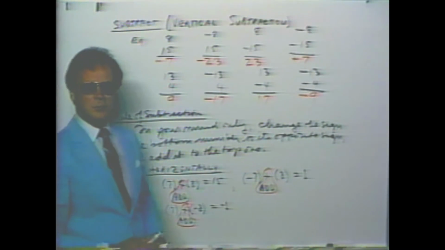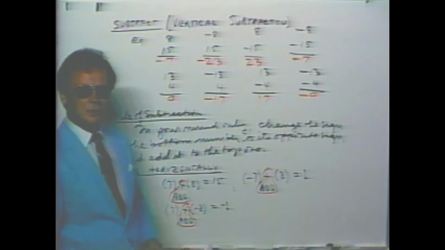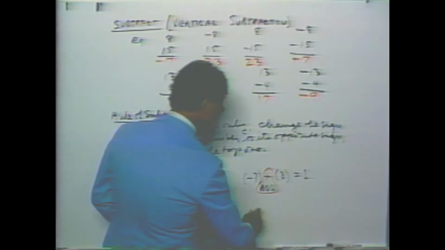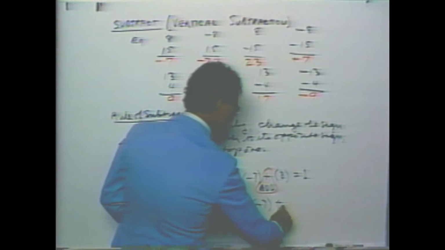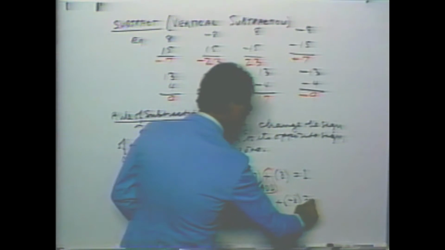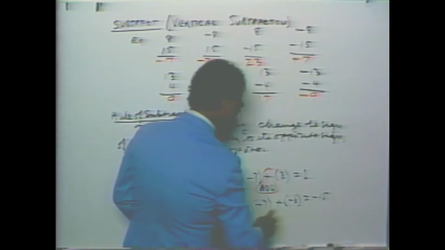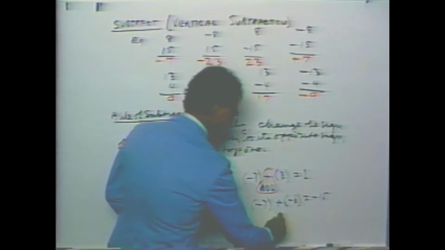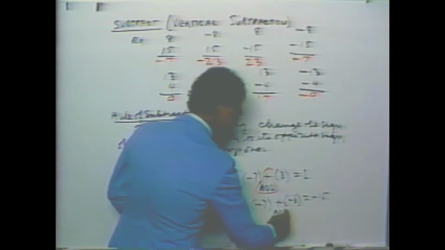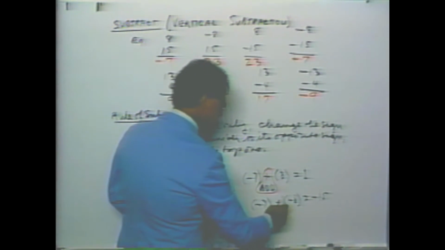And the fourth example that I used was minus 7 add to minus 8, which, if you recall, was minus 15. And again, this plus sign serves as an add indicator.